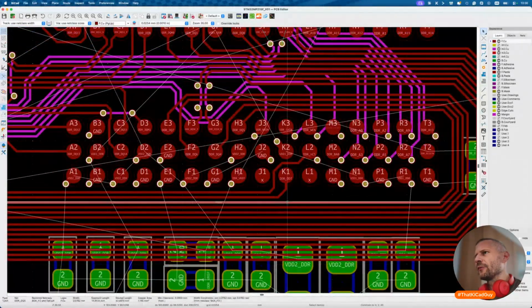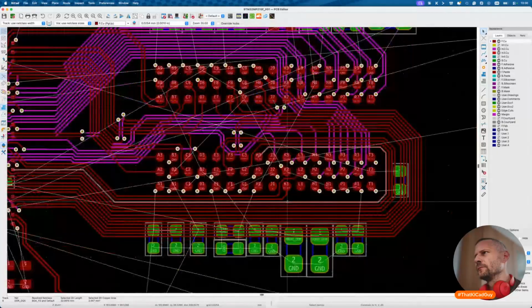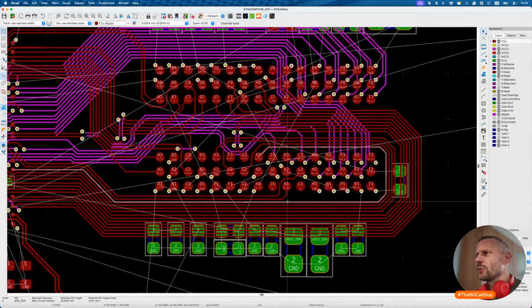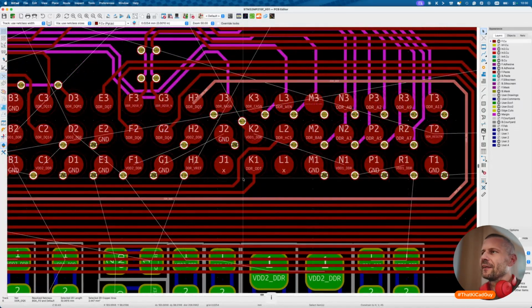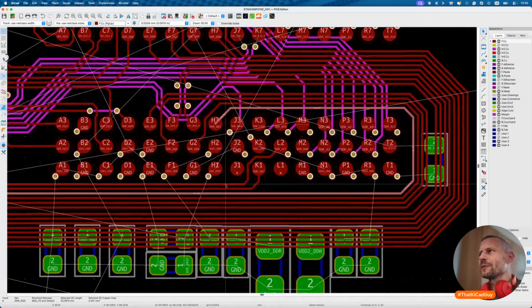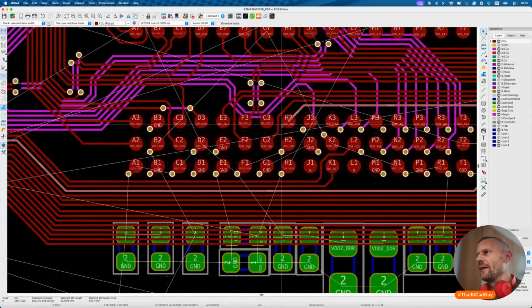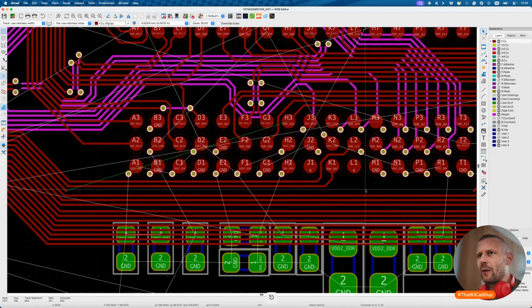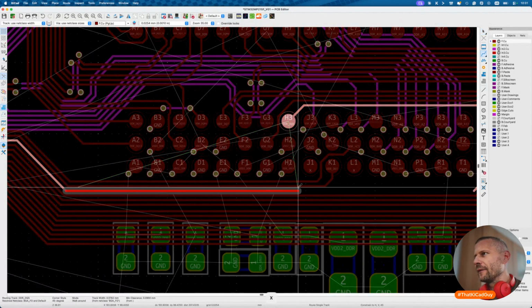Yeah, this was the third one. Yeah, the issue is definitely that it seems there is a simple route for this signal. Yeah, let's try it.